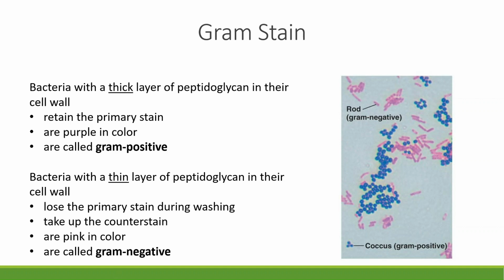It's obvious because one of them is coccus shaped and the other one is rod shaped, or bacillus shaped. But you should also be able to differentiate that the coccus ones are that dark blue or purplish color, which indicates that they are Gram-positive cells, whereas the Gram-negatives are that pinkish color, making it a Gram-negative cell.